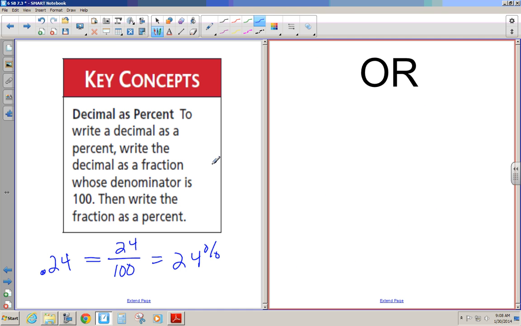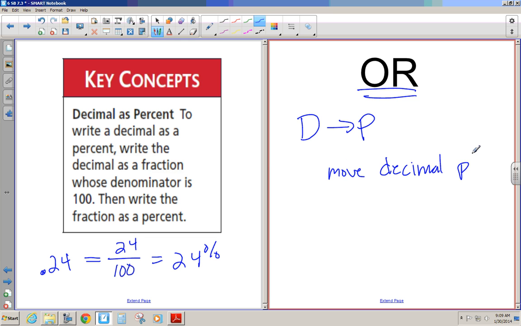And what you're going to notice is, of course, there's an or. All you really have to do for going from decimal to percent is move your decimal place to the right.